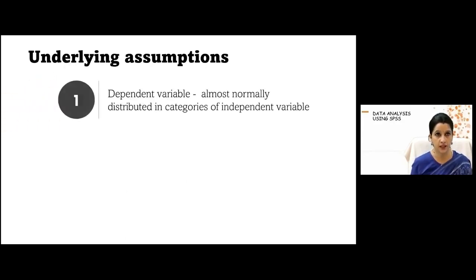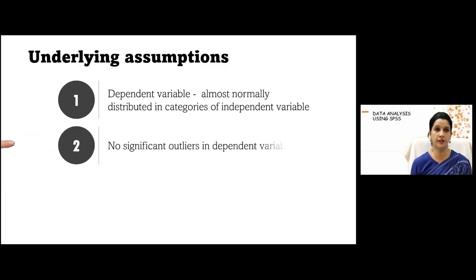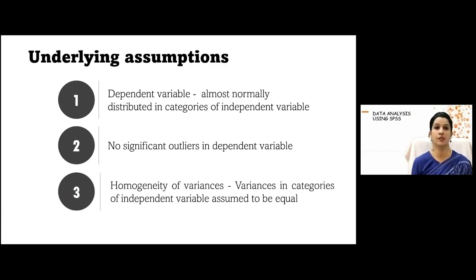The other underlying assumptions are the same as those of the independent sample t-test: the dependent variable should be normally distributed in categories of the independent variable, there should not be any significant outlier in the dependent variable, and homogeneity of variance should hold in all three groups.